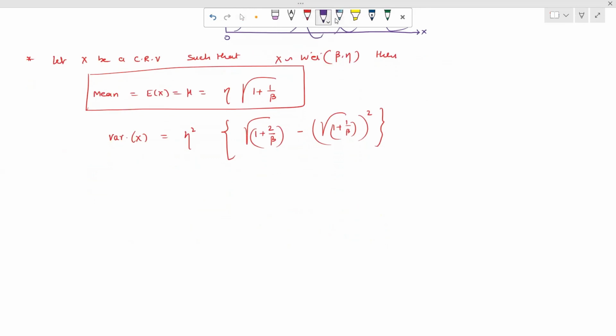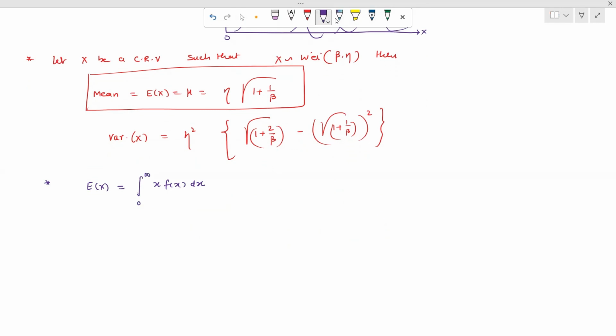Now how do we calculate the mean or expected value? We know the formula for the expectation is the integral of x into f(x) dx. Here x is positive, so we take limits from 0 to infinity.